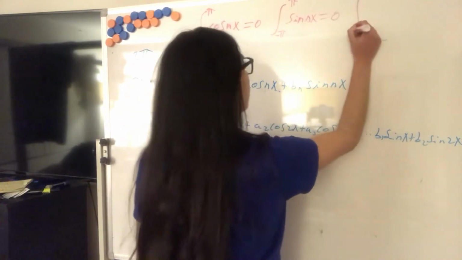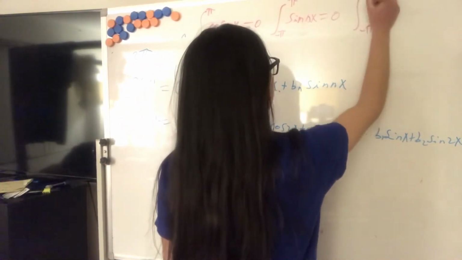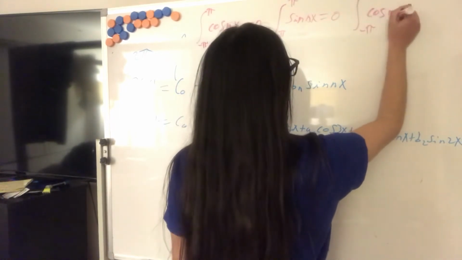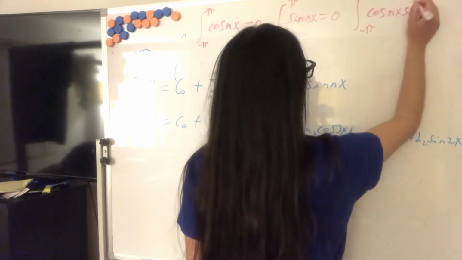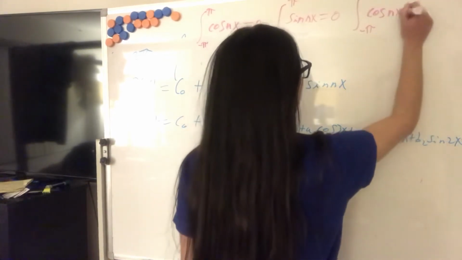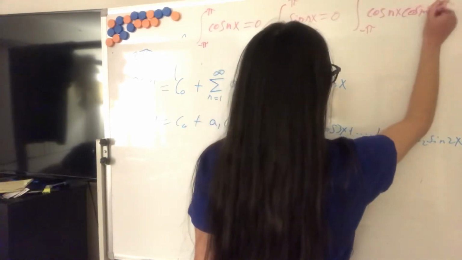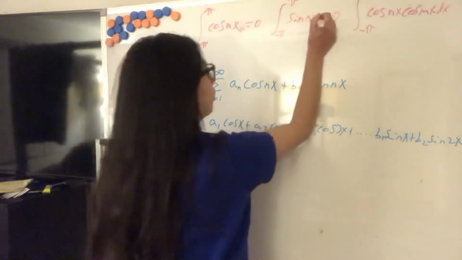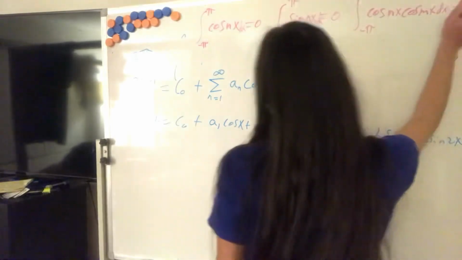The defined integral from minus pi to pi of cosine nx cosine mx dx, sorry, I forgot the dx all the time, is equal to 0.